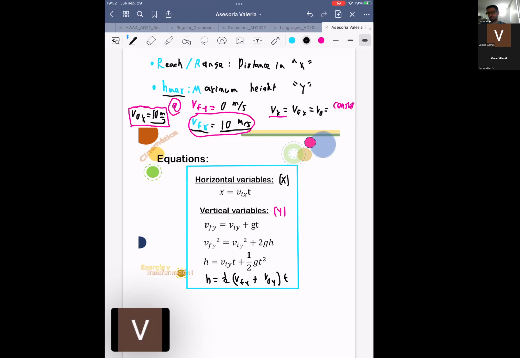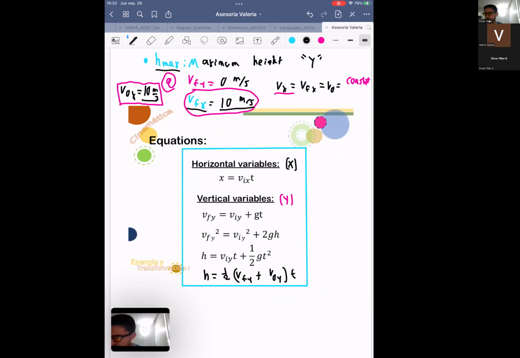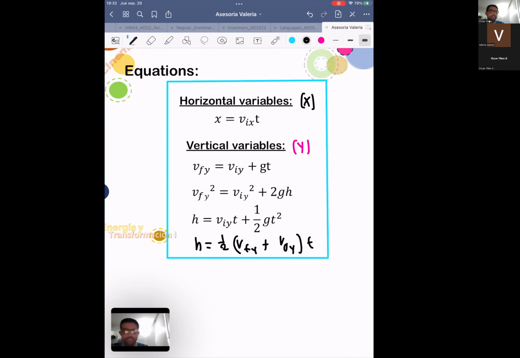Something also really important in concepts is, for example, when you have a gun and you shoot to the sky.